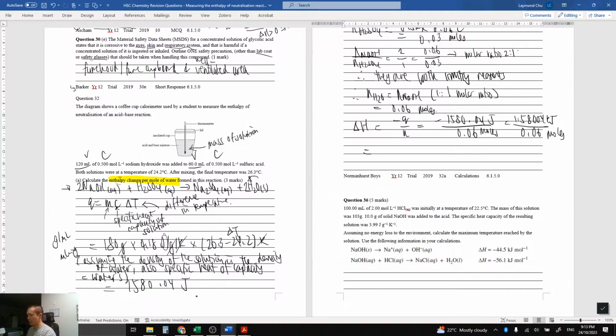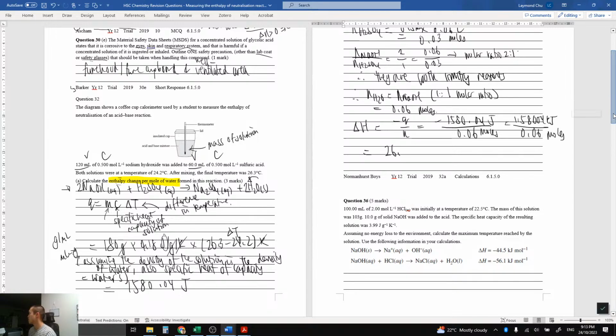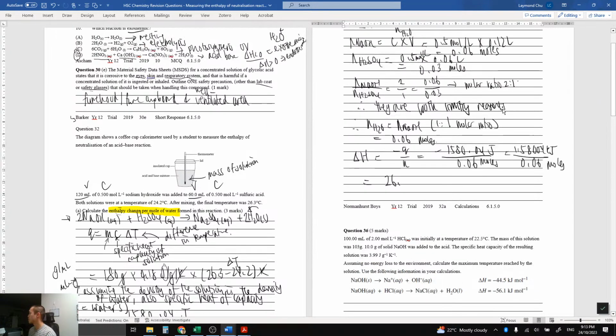So what does that equal? 1.58004 divided by 0.06 is 26.334 kilojoules per mole.